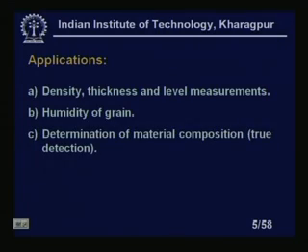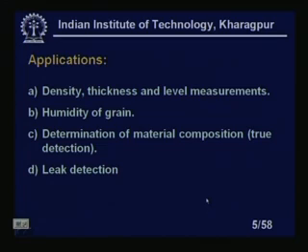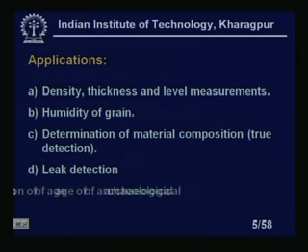Determination of material composition, what the material composition is, can also be detected through nucleonic instrumentation. Leak detection: if there is a leak in a pipe, especially an underground pipe where it is very difficult to know where the leak is, it is possible to find it through nucleonic instrumentation.